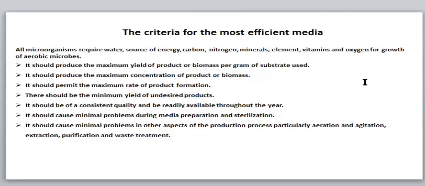We generally use cheaper media. Most commonly we use methanol, since it is mostly cheaper, so that the cost of the product is minimized. There should not be any undesirable products, or we avoid the production of undesirable products.